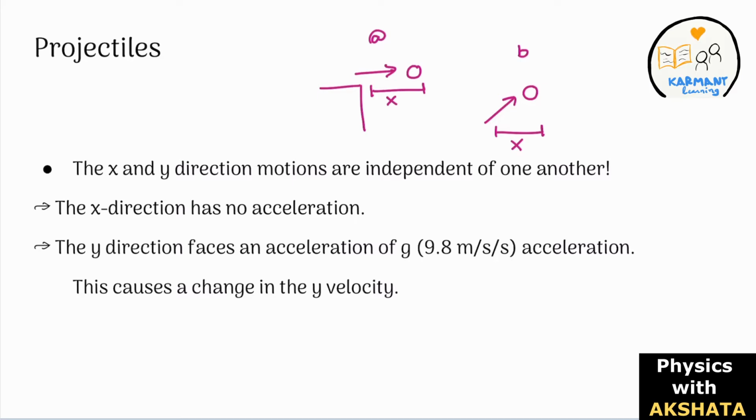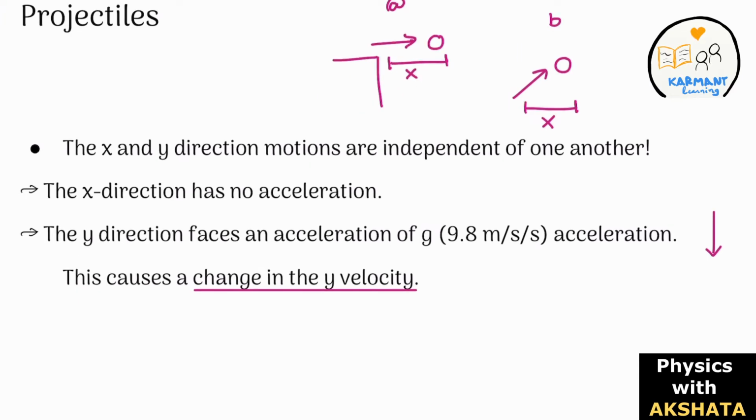Instead, the y direction of the motion faces an acceleration of g, which is a downward 9.8 meters per second squared. If you've forgotten what acceleration was, I would advise that you look back at some of the previous videos. I explained it there in more detail. This acceleration causes a change in our y velocity.